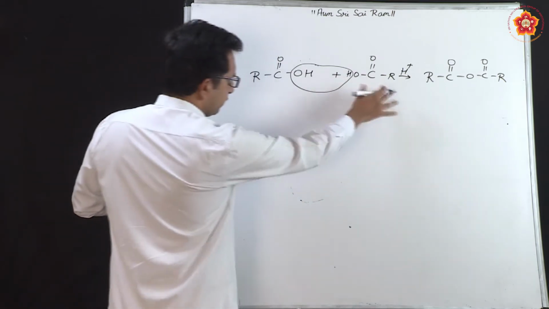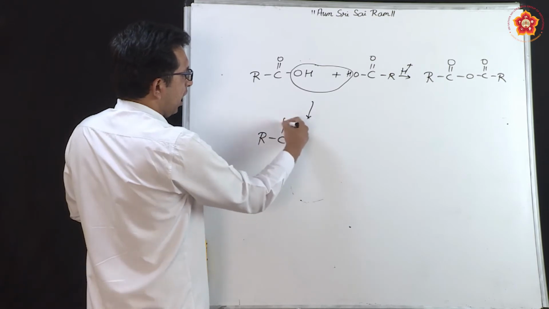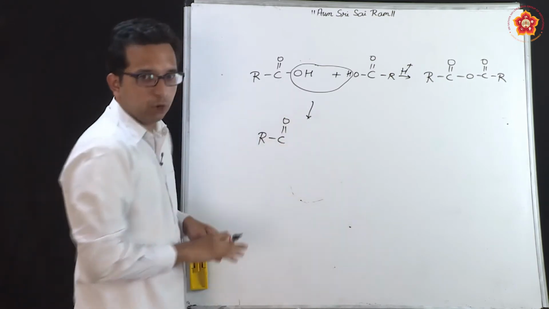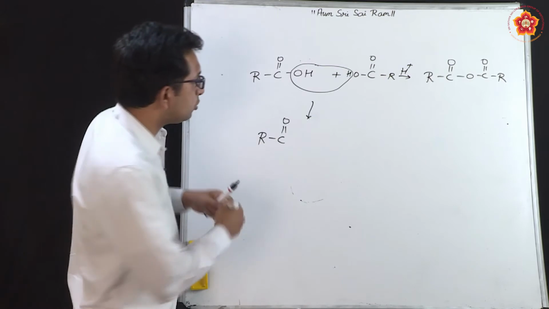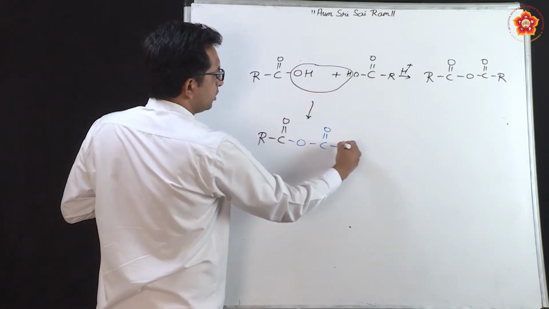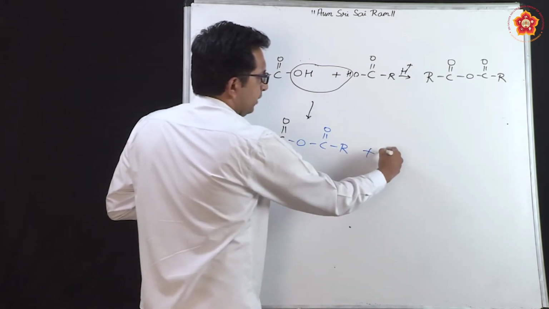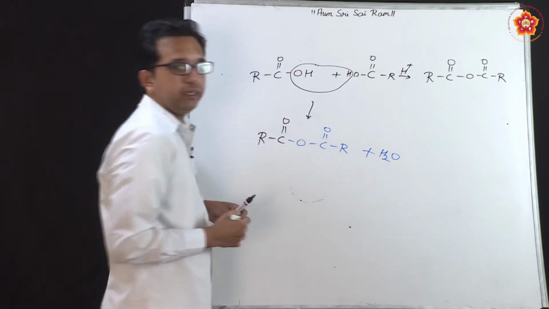the product, which I have already written there. Basically what I can show here is RCO from this molecule, and the other molecule can contribute the oxygen and these carbonyl groups which are present. The byproduct here is water because water has been eliminated in this case.